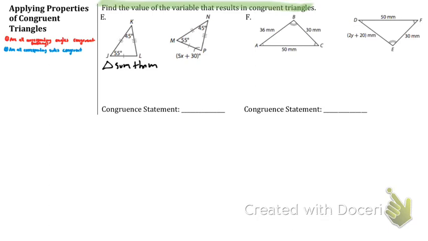So we have 45 plus 55 plus angle L is equal to 180. And now we want to solve for angle L. 45 plus 55, that's 100. Now subtract 100 from both sides.